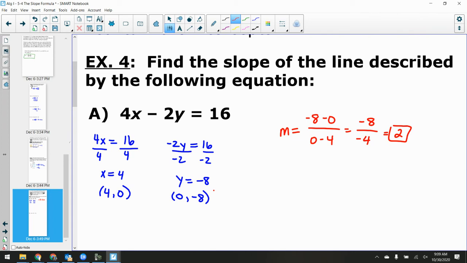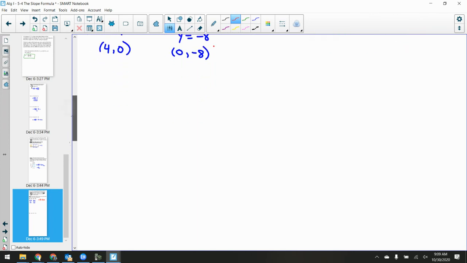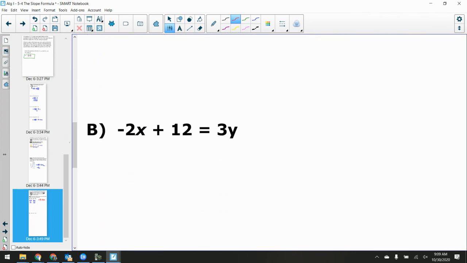Let's do one more of those. Okay, is this one in standard form? No, let's put it into standard form though. Just like the one on the warm-up, what's the easiest route to take to put this into standard form? Okay. Add the 2x.